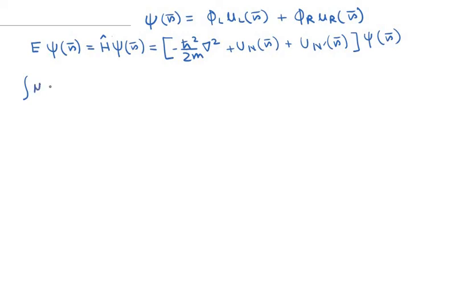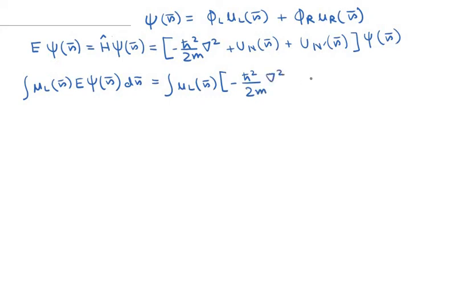So I multiply and integrate: integral u L R E psi r dr is equal to the integral of u L R, then the Hamiltonian, minus h bar squared by 2m del squared plus u n r plus u n dash r, multiplied by psi r, where psi r is equal to phi L u L R plus phi R u R R.